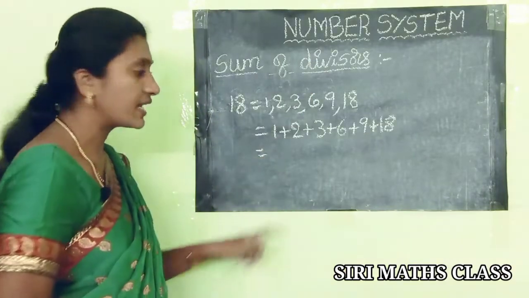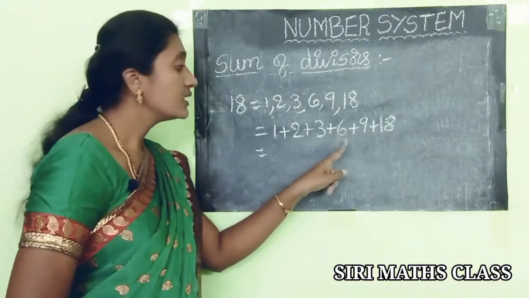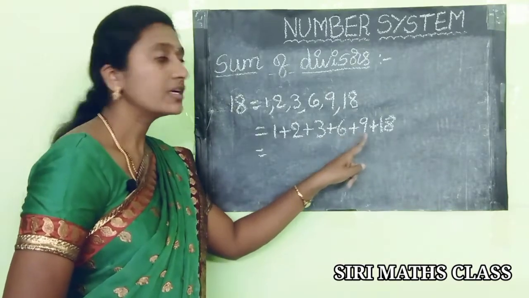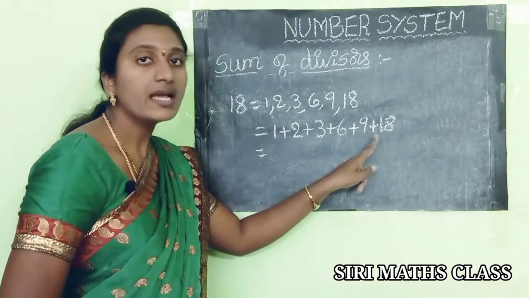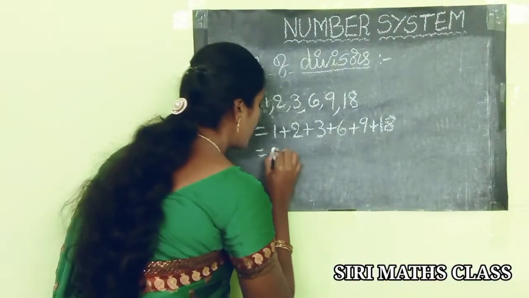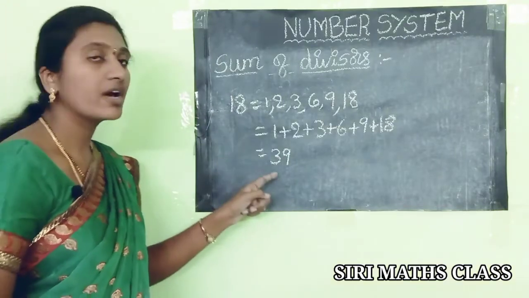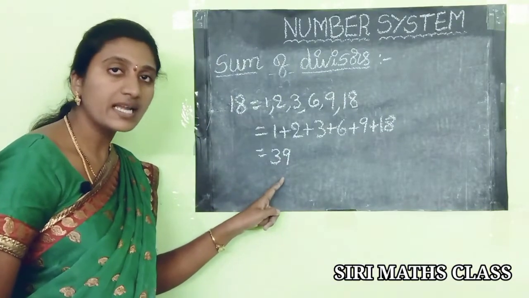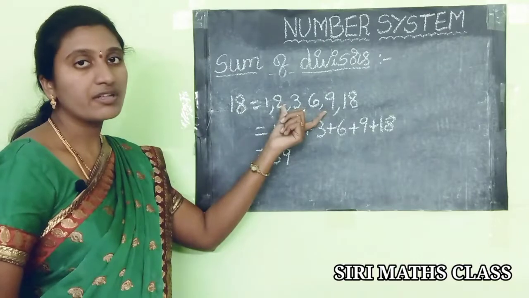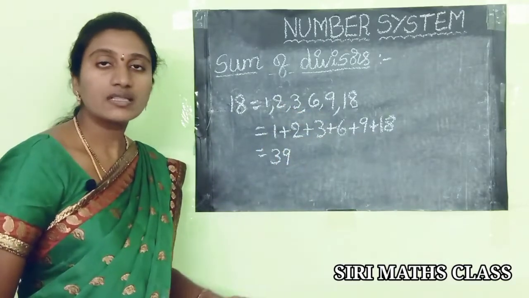Okay, now here we are adding: 1 plus 2 is 3, 3 plus 3 is 6, 6 plus 6 is 12, 12 plus 9 is 21, plus 18. How much value? 39. Okay, by using the formula we get the answer 39, and by finding the factors and adding all the factors we also get the answer 39.